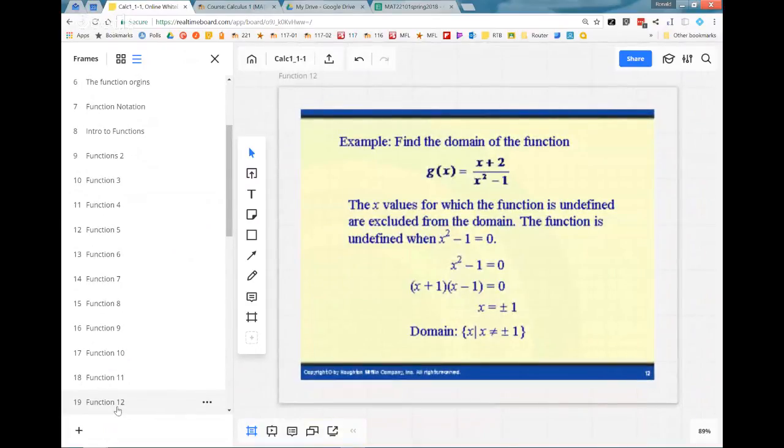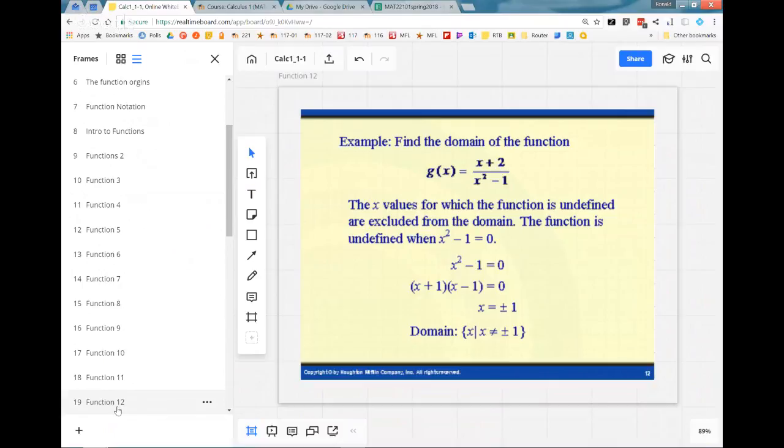So we had a little problem with the domain on our square root problem, and we would have a little problem with the domain here too. We know that a no-no in algebra is we can never have 0 in the denominator. And here we have the possibility for that happening. If x was a 1 or if x was a negative 1, that denominator would wind up being 0, and we can't have that.